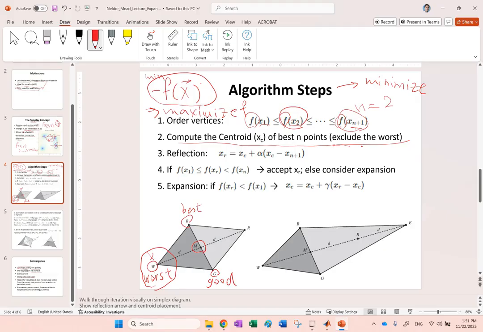The goal is to replace this worst point by something better than itself. And the idea is, let me reflect this worst point with respect to this centroid point m and put it to the other side of it, right? So you're going to reflect w with respect to m, and you end up with what?